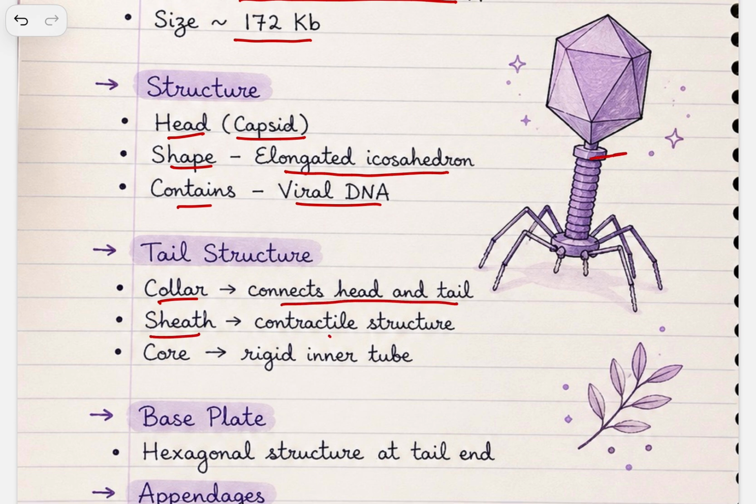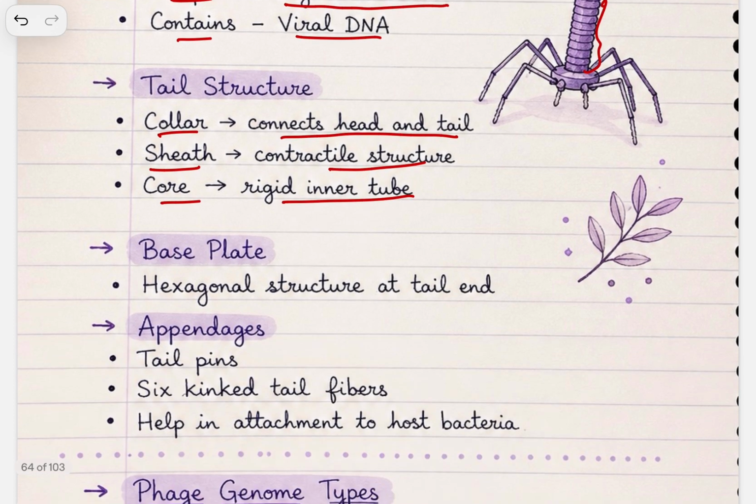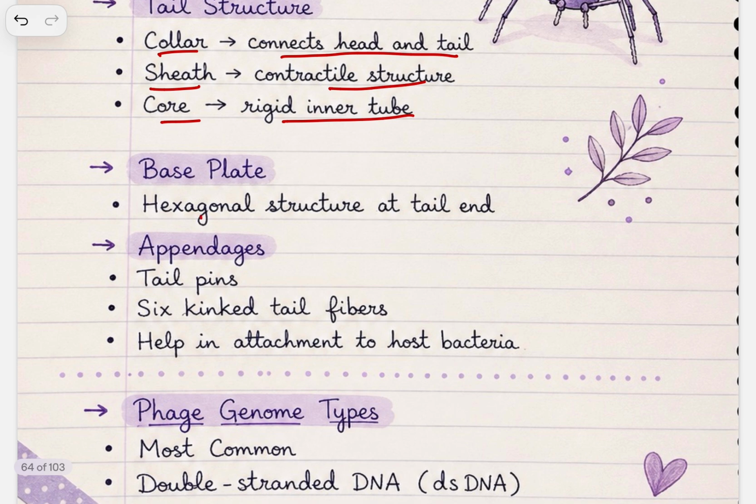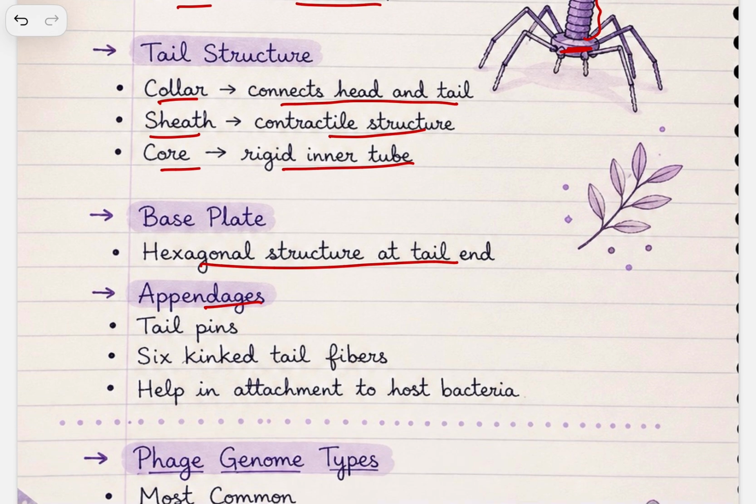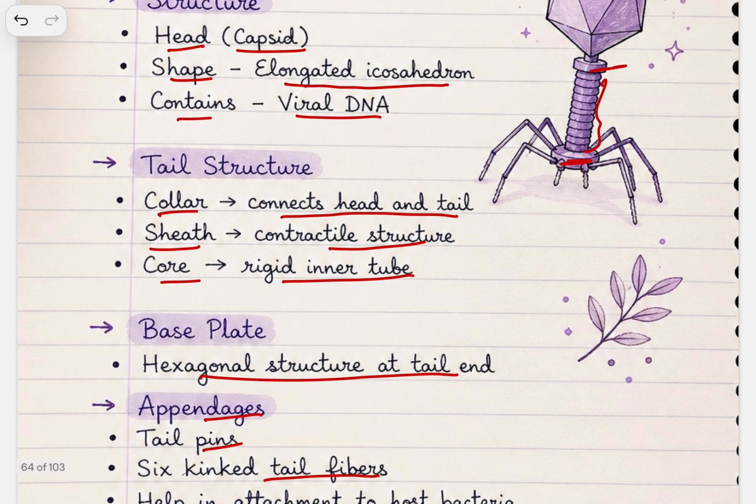Sheath, a contractile structure, and core, a rigid tube. Then they have a base plate, a hexagonal structure at the end. And last, appendages: tail pins and 6 kinked tail fibers help in attachment to the host. So these are the tail fibers.